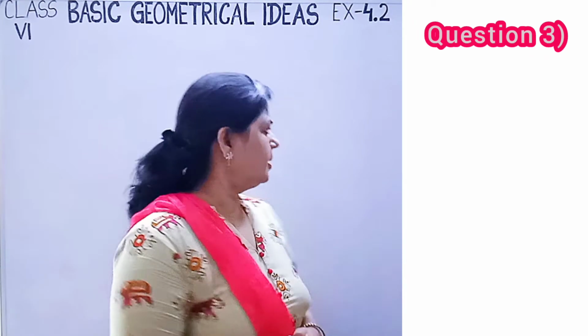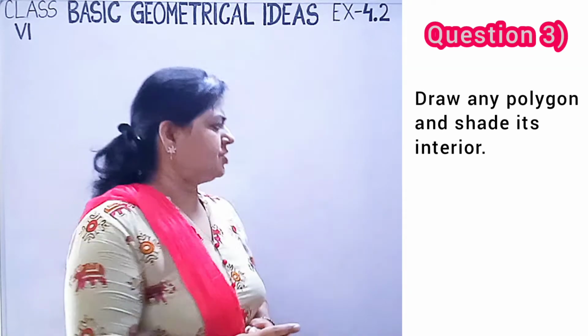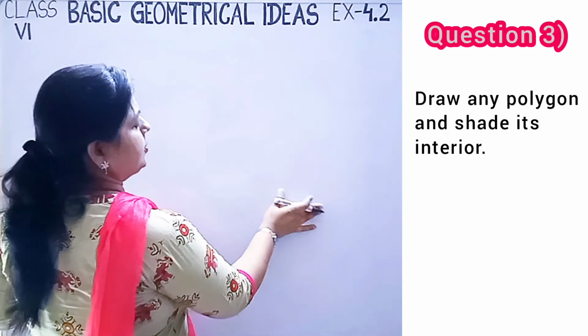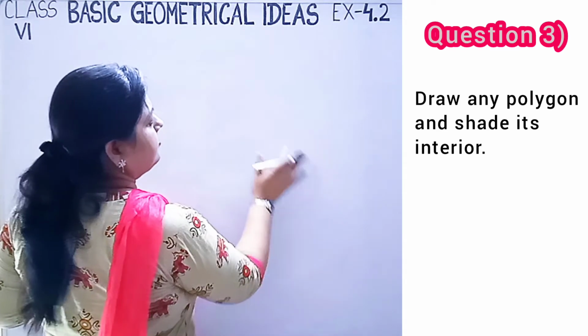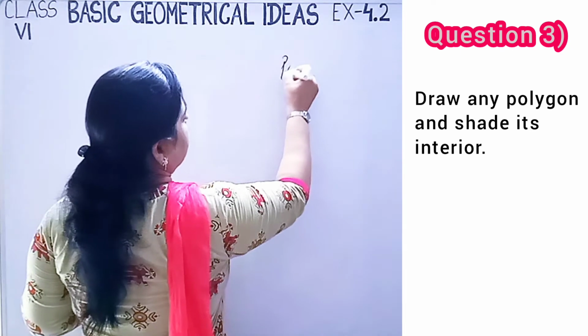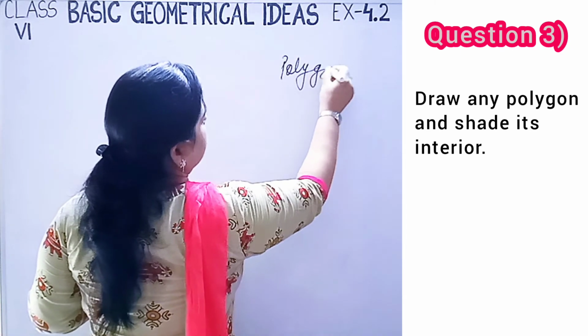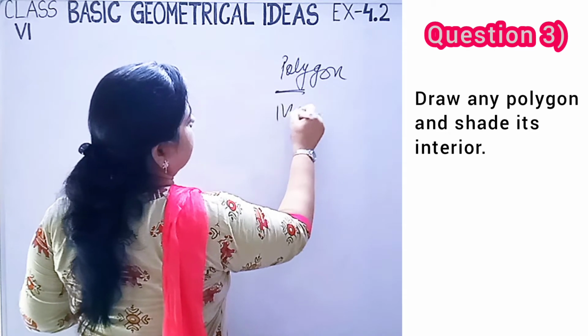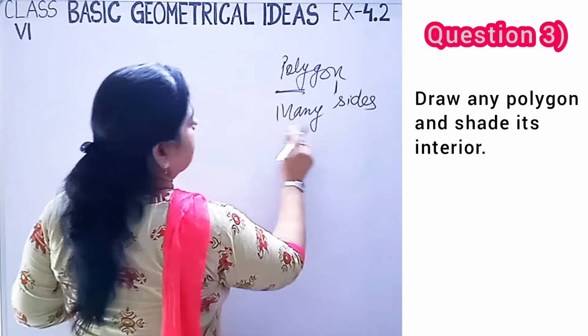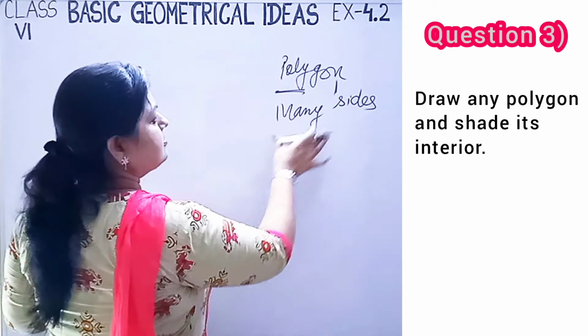Question number 3. Draw any polygon and shade its interior. First of all, we need to understand what a polygon is. A polygon is a figure which is made up of at least 3 line segments. Poly means many. Gon means sides. So the figure which has many sides.